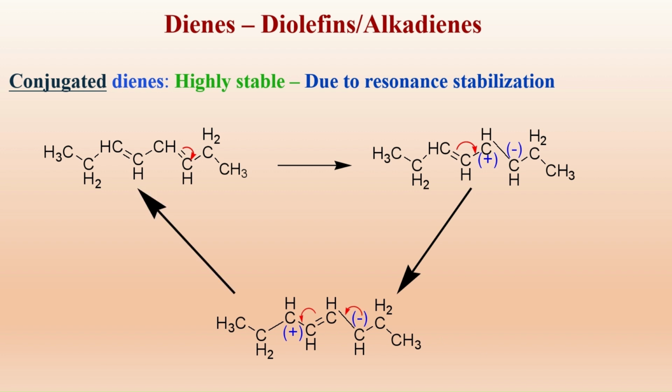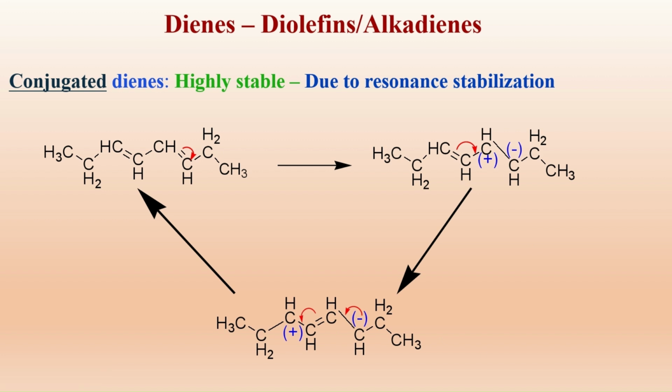And then what will I get? The same starting material. Electrons are like money which should be distributed, and once it is distributed in the system, the total system becomes stable.